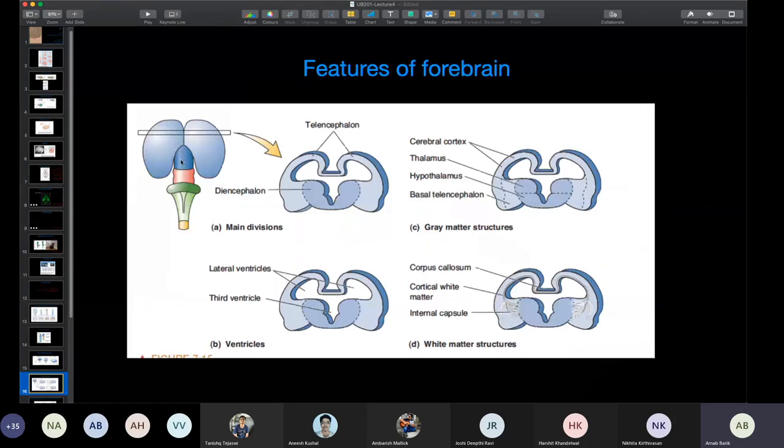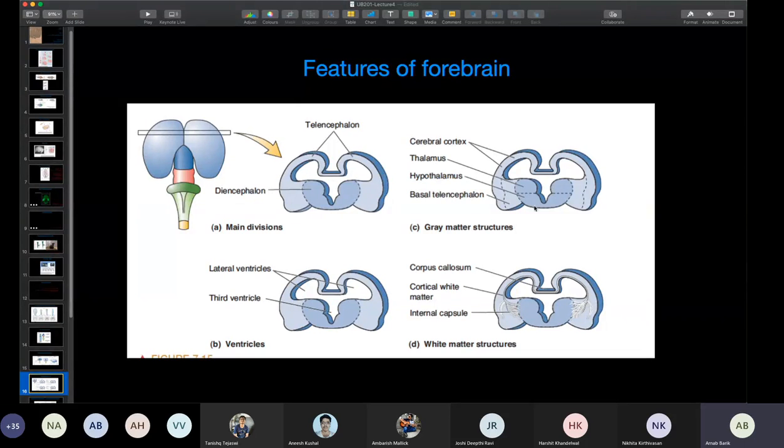But eventually the forebrain goes up, the midbrain grows longer this way, and the hindbrain also gets longer and radiates outside. At the top you have the telencephalon, you have the ventricles in the middle, and you have the diencephalon growing inside it, which then becomes different structures like thalamus, hypothalamus, amygdala, and everything.